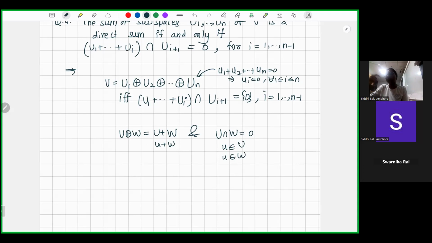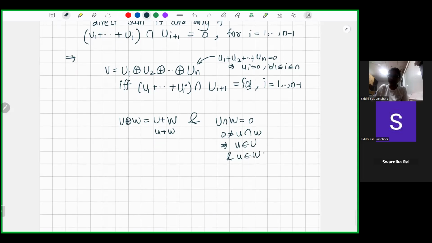Because if something non-zero belongs to U intersection W, this implies that u is in U and that same u belongs to W, and then we can get non-zero elements in both the sets, which when I add, I will have some non-zero linear combination coming from both U and W. I hope you understand what I'm trying to say here.